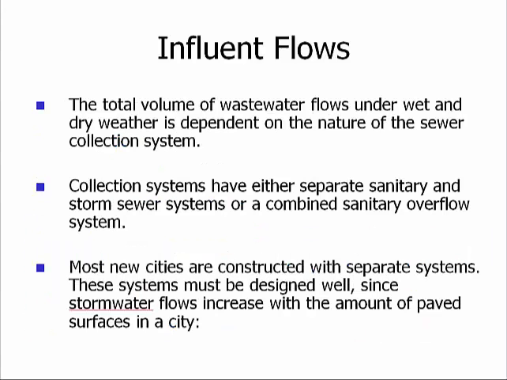Now these influent flows can be very dramatic on the plant. The total volume of wastewater flows under wet weather is dependent on the nature of the sewer system, so combined versus separate. But even if a city has separate sanitary and storm sewers, I&I can add a significant burden on the plant.